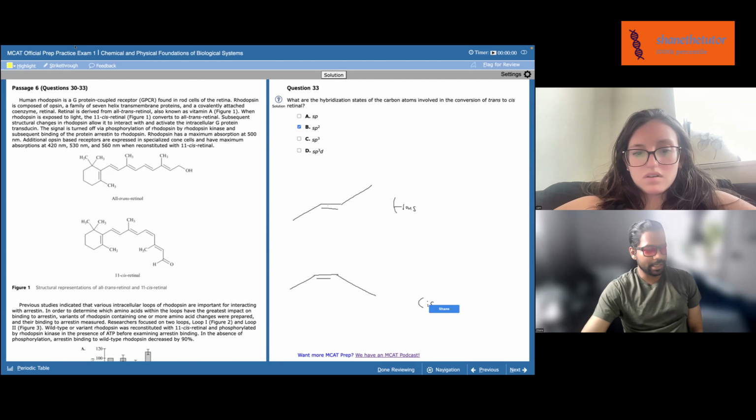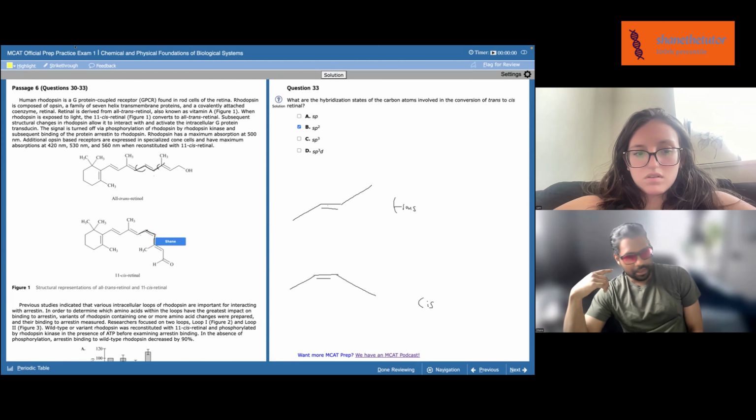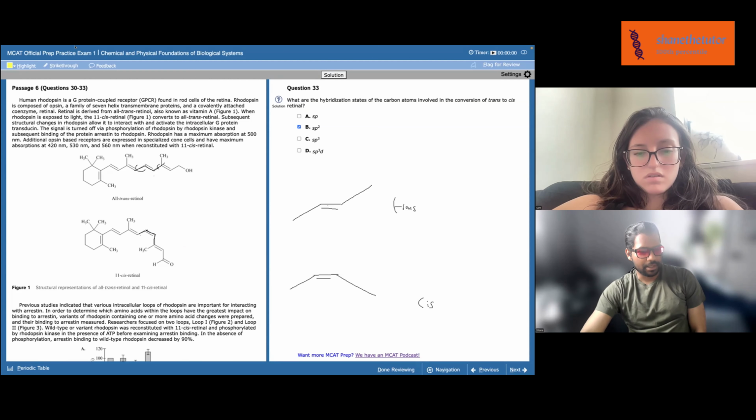And here we can see for the all trans, one's going down, one's going up. Whereas here, at least at the 11th position, you have cis, because this guy and this guy are both in that same direction.